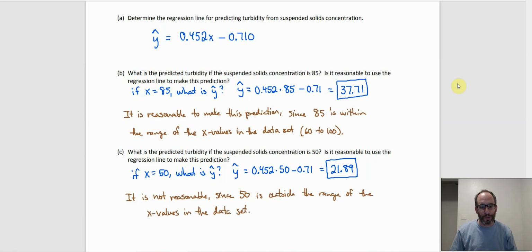If you wanted to do the prediction for something like a suspended solids concentration of 130, that's too big. It's got to be between 60 and 100 or it's not really appropriate. Our homework is a real stickler on extrapolation, and sometimes they'll give you questions that are really close to that range. And sometimes in practice, people do those. If it was 60 to 100 and you did a prediction for 102, that's probably going to be okay.